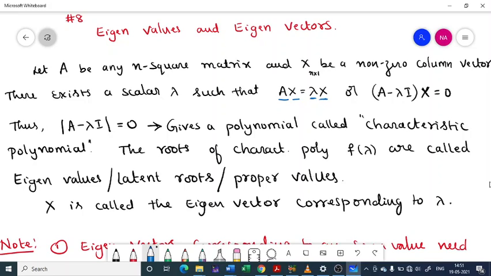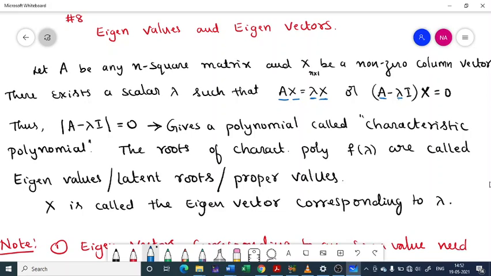What you have to note here is, this lambda being a scalar and A being a matrix, we must write this scalar in terms of matrices. So instead of just lambda, I will write lambda I. You cannot take the difference of a matrix and a scalar. Both should be either scalars or matrices. So we write it in terms of matrices, lambda I. So (A minus lambda I) into x equals 0.